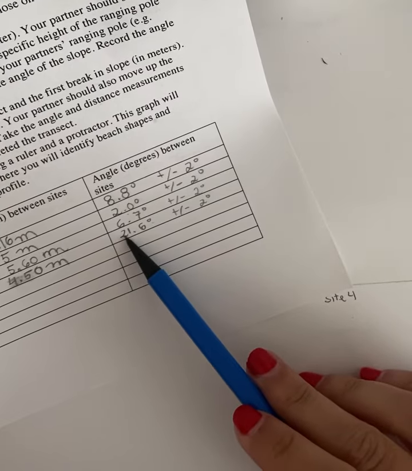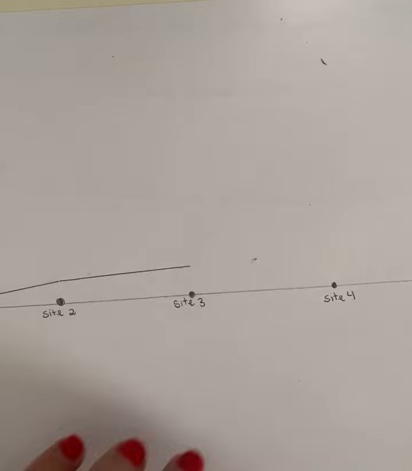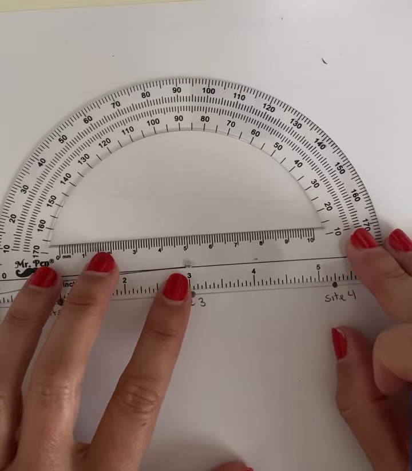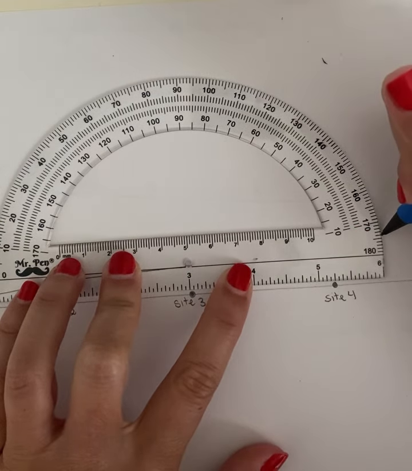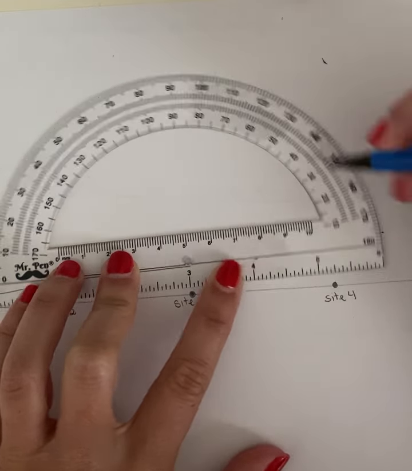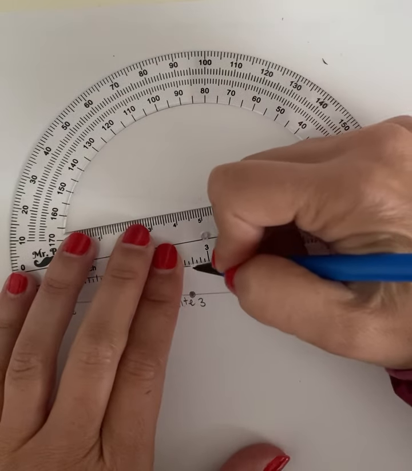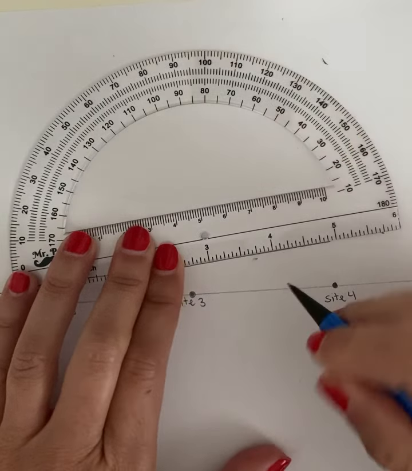And I measured a 6.7 degree angle plus or minus 2. So let's put the angle there. And that was the distance.